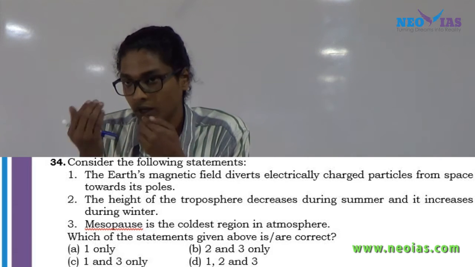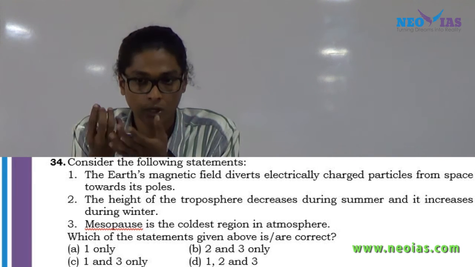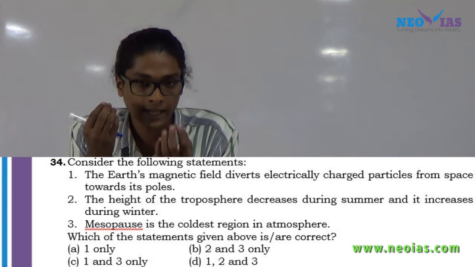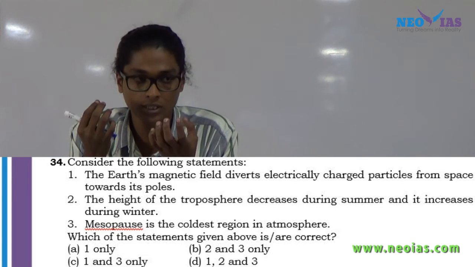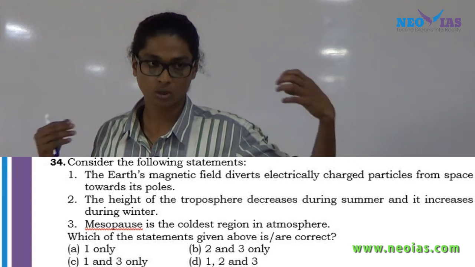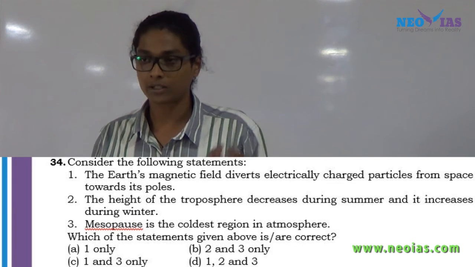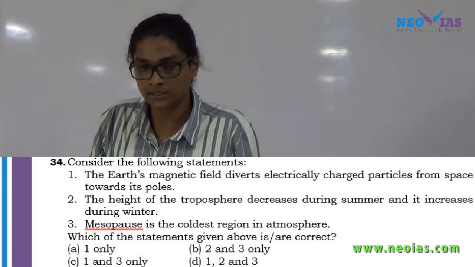Now we have already discussed sunspots as well as solar winds, right? During sunspot activity, electrically charged particles traveling with high velocity come towards our atmosphere, and what protects us from these highly charged particles is our magnetosphere, our Earth's magnetic field.